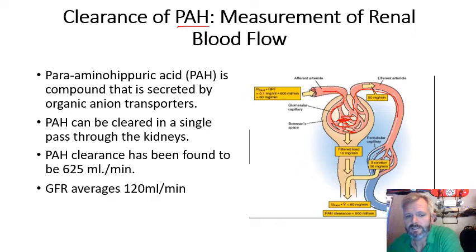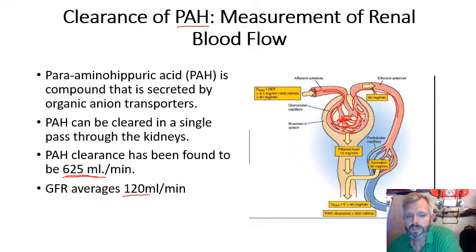What that allows us to come up with is a clearance of roughly 625 milliliters per minute. So PAH shows us that in a healthy kidney we're moving roughly 625 milliliters per minute. But what actually is the GFR?